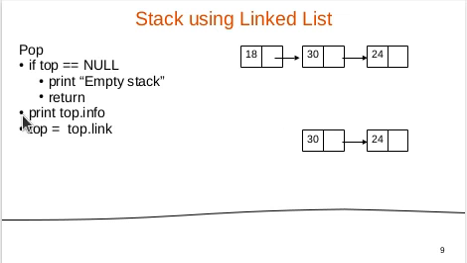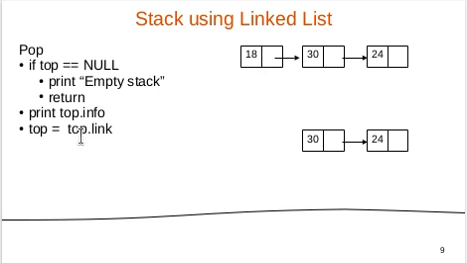Now when we delete an element from the stack, we have to check if the linked list is empty. If top equal to null, then the stack is empty. Otherwise, we have to omit this portion. So top will be the address of this address. So we will print the info, or we can store it in a variable, whatever we want to do with the deleted portion.